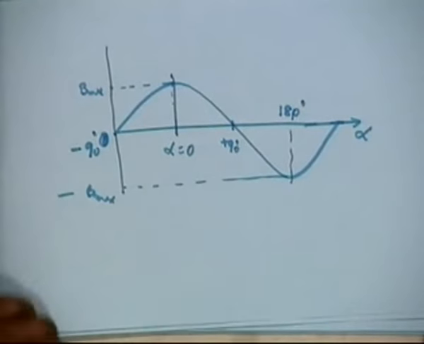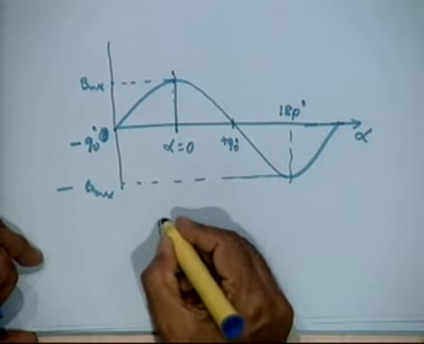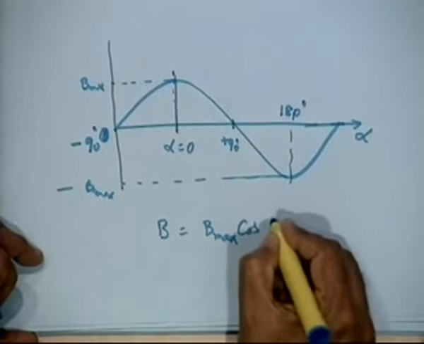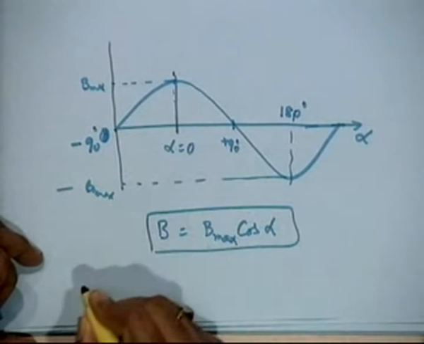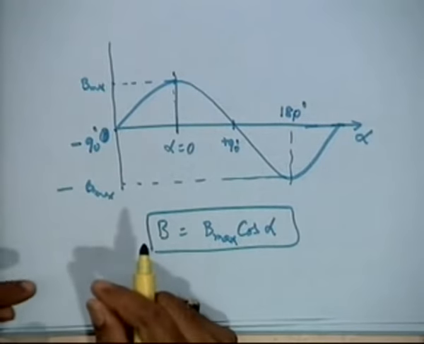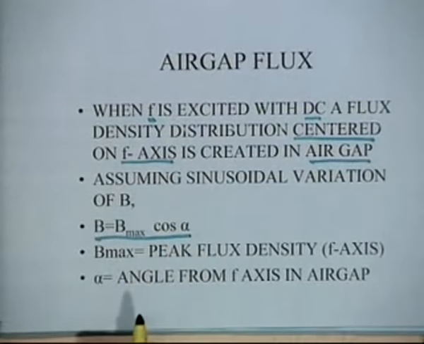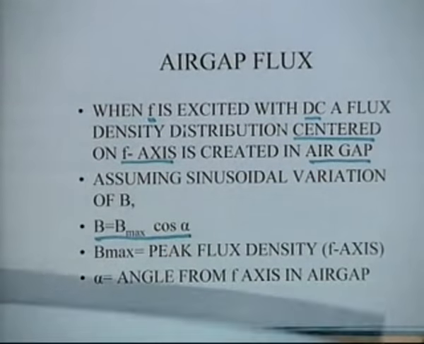So, if I show the B variation like this, we can say B is equal to B max cos alpha. Is it clear? So, B variation with alpha is there at this point in time. So, we write B equal to B max cos alpha. Now, what is this B max?